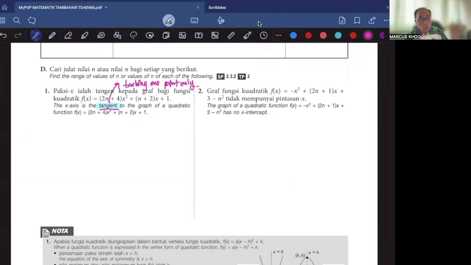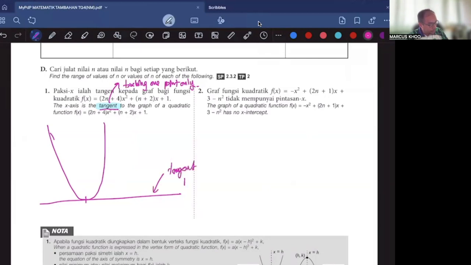If the x-axis is tangent, it's only touching at that 1 point only. So we call this the tangent line.